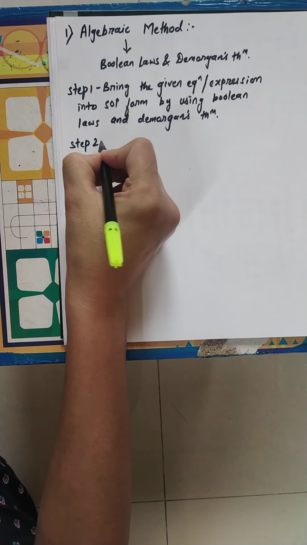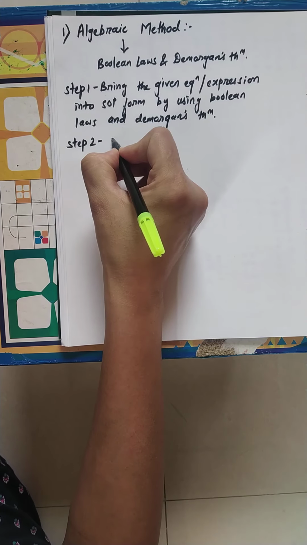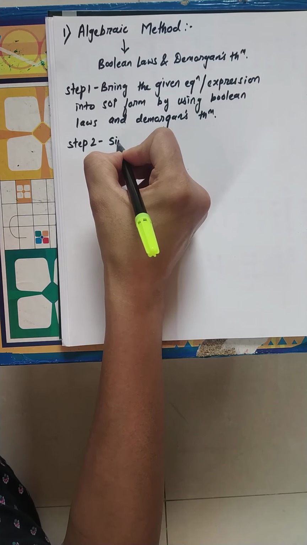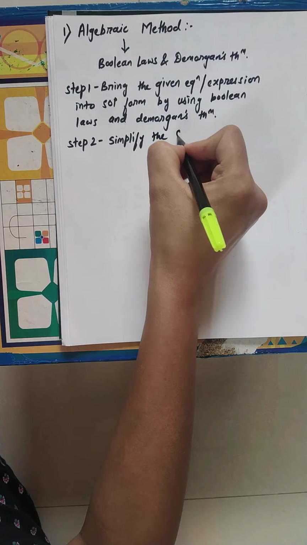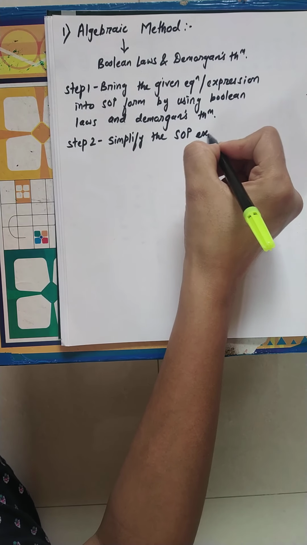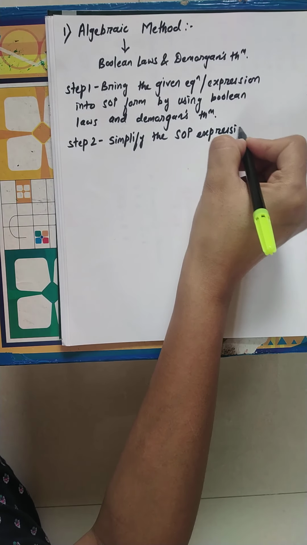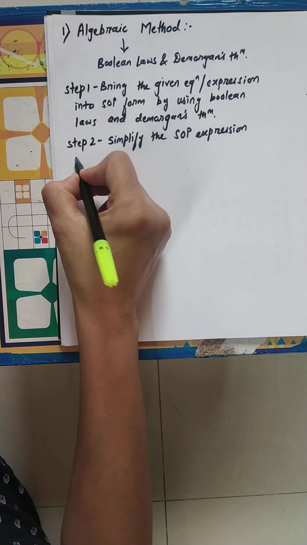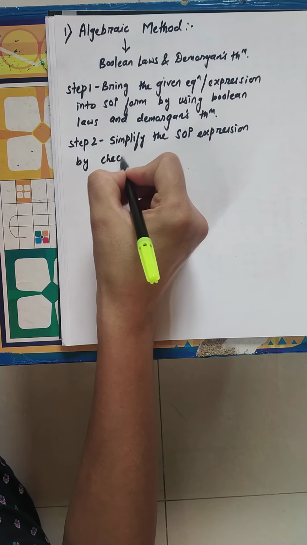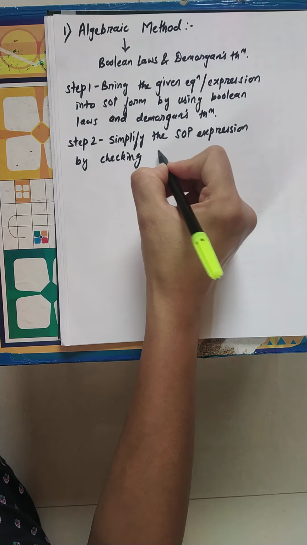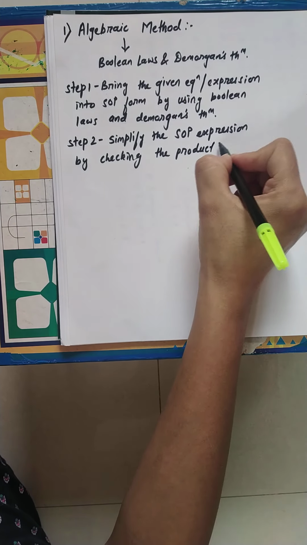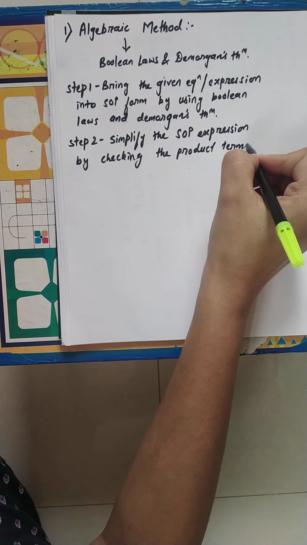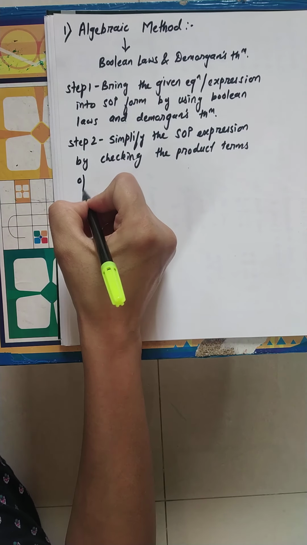Now we have to simplify the equation. So the second step is: simplify the SOP expression by checking the product terms for common factors.